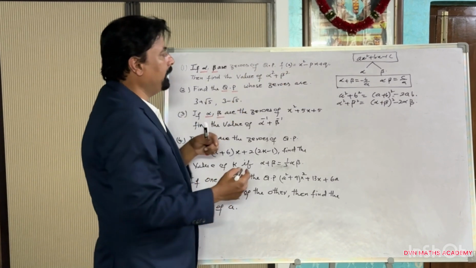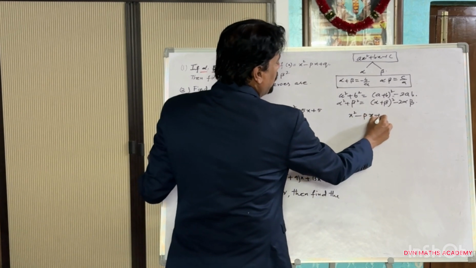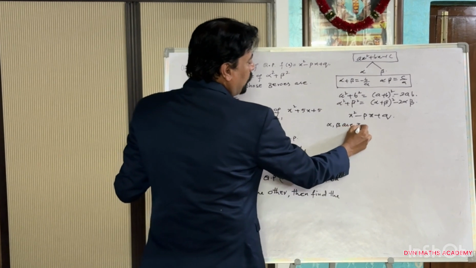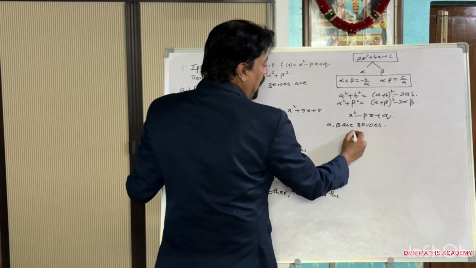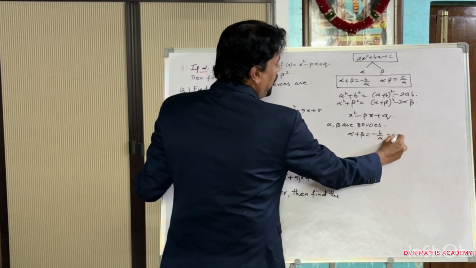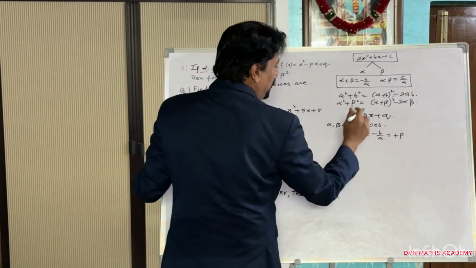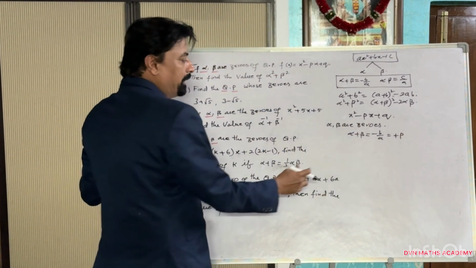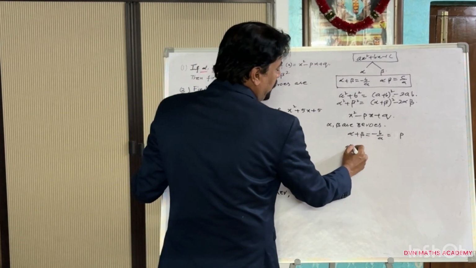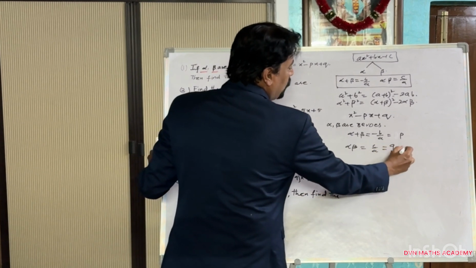First, the polynomial given is x square minus px plus q. If alpha and beta are the zeros, then alpha plus beta is equal to minus b by a, that is, minus into minus p by a, where the coefficient of x square is 1. So alpha plus beta is equal to p. And alpha into beta is equal to c by a, that is q by 1, which is q.